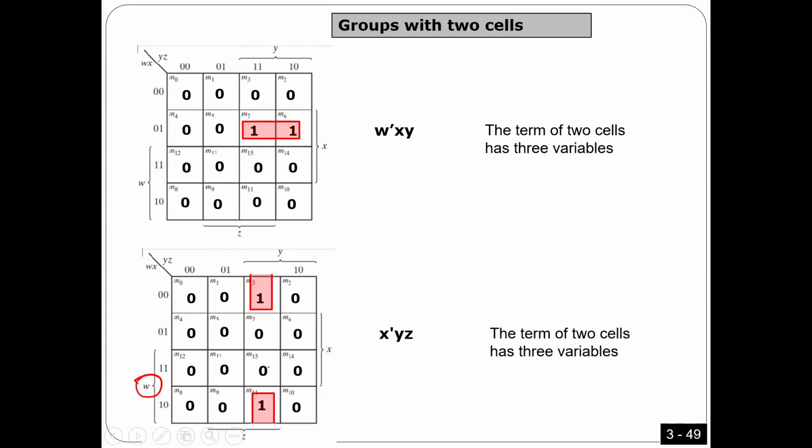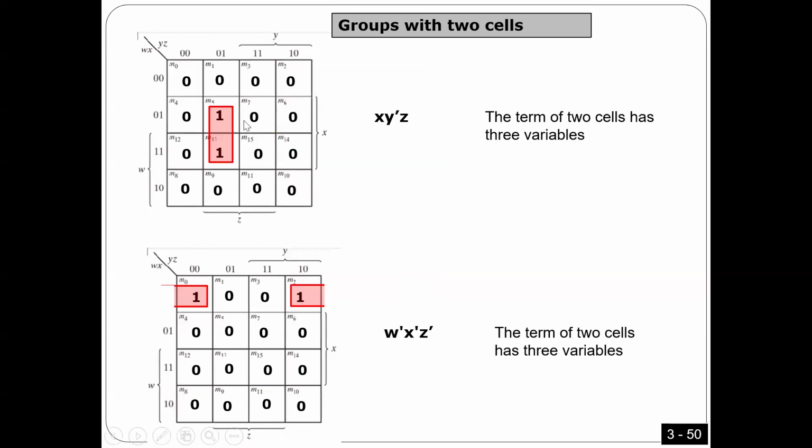No, because one part of the group is W and one part of the group is W prime. So I have to remove W. W is not going to be here. If you look at X, it's very clear, this group is in X prime, so I'm going to take X prime. This group is in Y, so I'm going to take Y. This group is in Z, because this is Z. So I'm getting X prime, Y, Z. Any questions? Again, this is exactly similar to what we did in three variables.